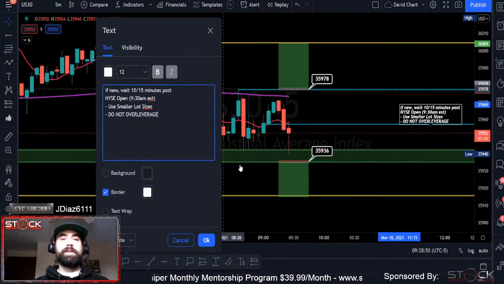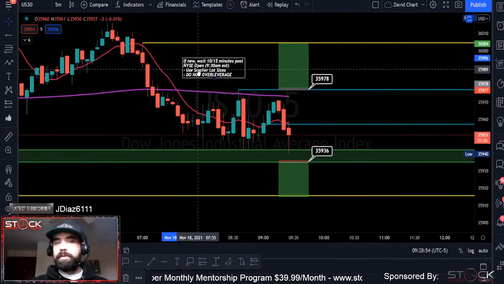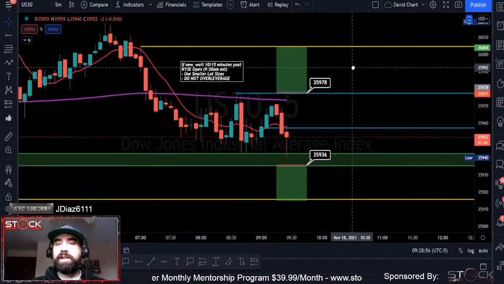You guys have to see it. Do not over leverage, guys. If you're not a market open trader, understand the risk that can come along with this.